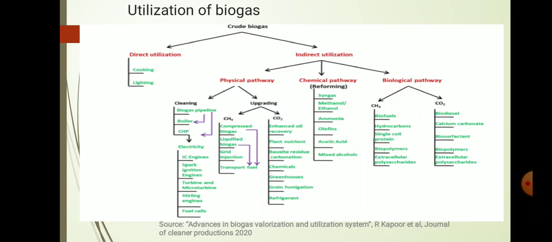These are the overall applications of biogas. Mainly we have two applications, direct and indirect. Direct application is the most useful one, that is, for cooking and lighting. In direct heating, we use biogas in rural areas of India, China, etc., either for direct cooking or for lighting purposes, where electricity and LPG connections are not possible.